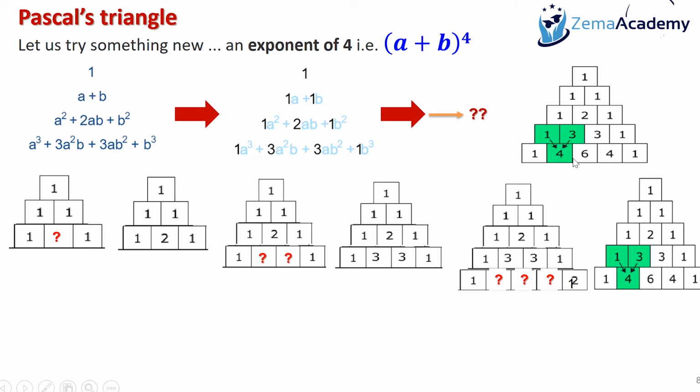Okay, so this is the last line. Here, the first term will have a to the power 4, but the coefficient will be 1. The next term will be 4. Can anybody tell me what should be the next term? 4a cube b.